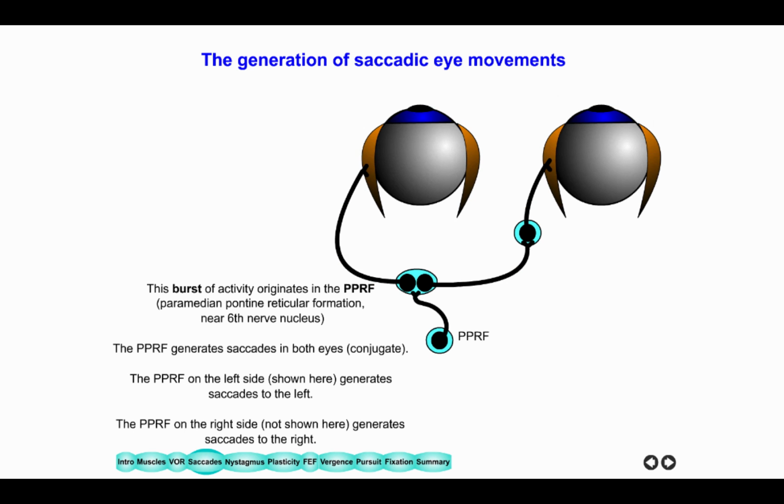And these two muscles then turn both the eyes to the left. This PPRF is also on the left. Now, you can imagine a dividing line going right down the middle. There's a mirror image circuit to drive the eyes to the right. So there's a PPRF on the right side that will activate this medial rectus and this lateral rectus.